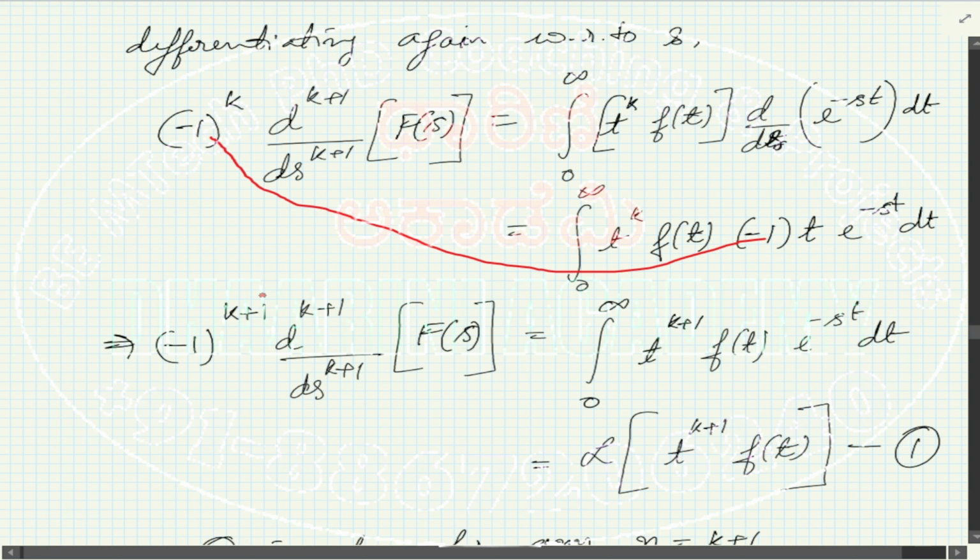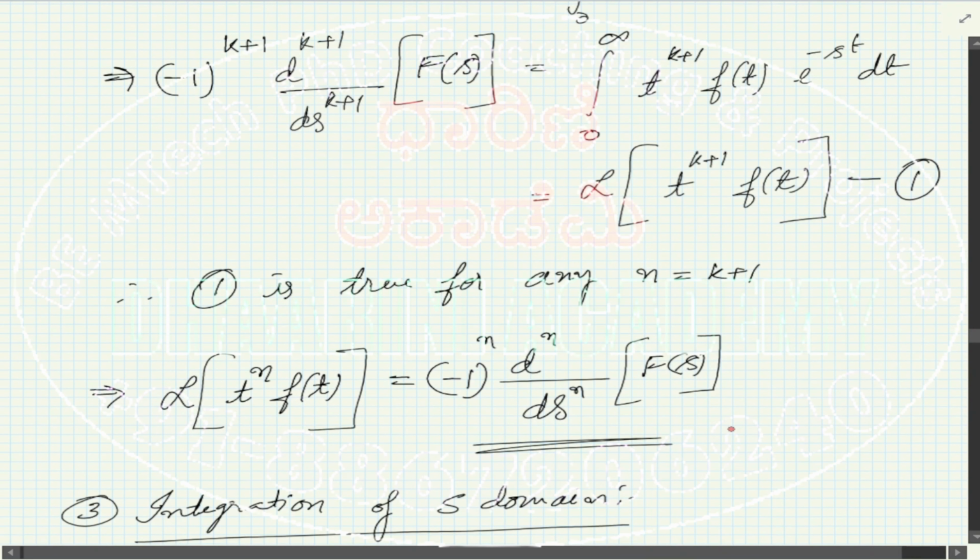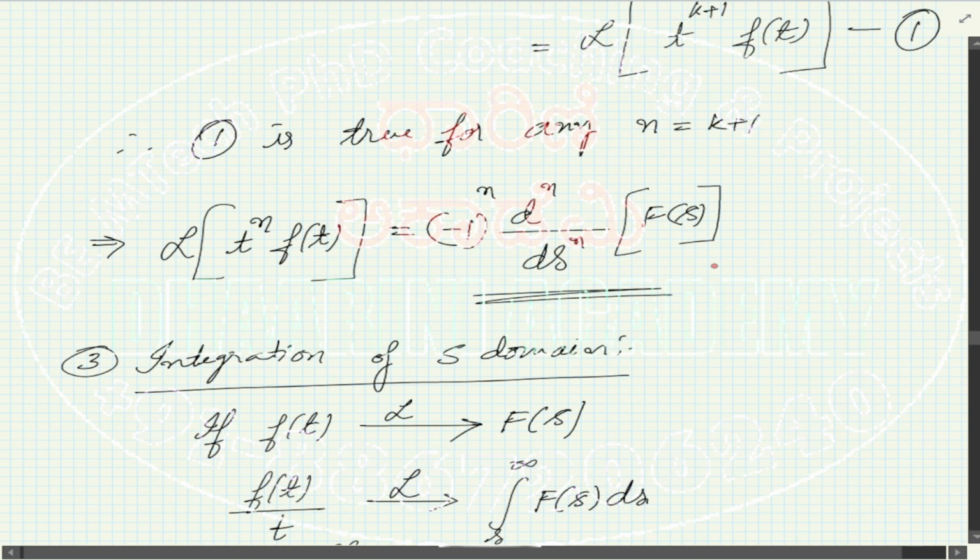Then I already have d to the k plus 1 by ds to the power k plus 1, and the integration inside I just have t to the power k plus 1 into f, which means it is the Laplace of t to the k plus 1 into f of t. So for any k it is true, and for any k plus 1 also it is true. This means it is true for any value n.